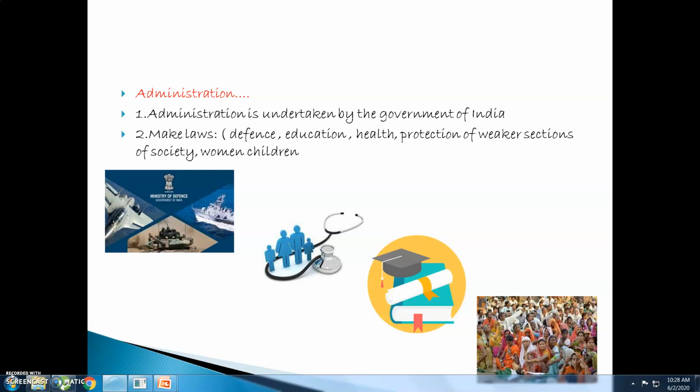Progress of women, children and tribal people. Tribal people means all the Adivasis or all the lower caste people are termed as tribal people. So it is a great responsibility of the government to make sure all the respective departments of the country are taken care of, especially in terms of defense, women and children.